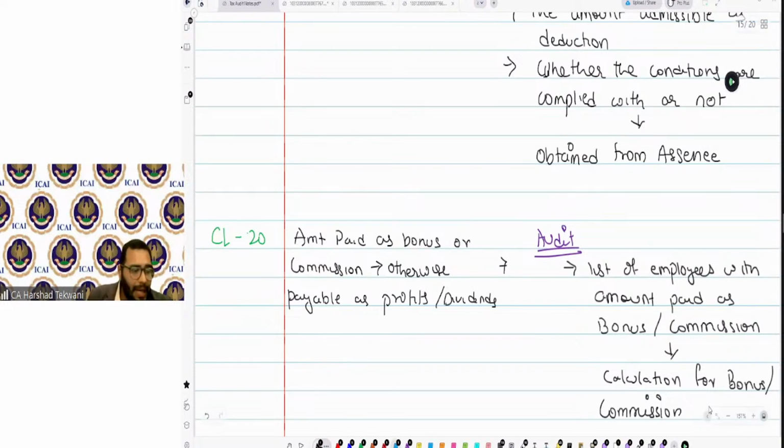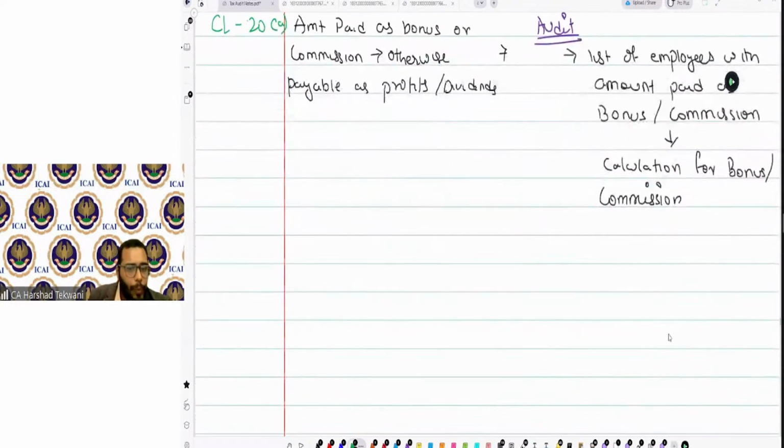Now that is clause 20A. We have clause 20B, which talks about details of contribution received from employees for various funds referred in section 36(1)(va).